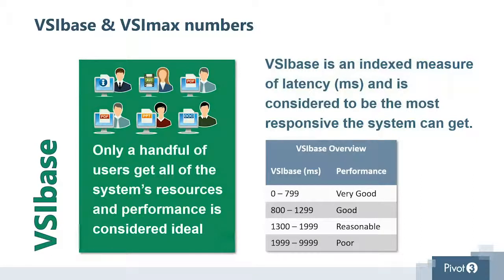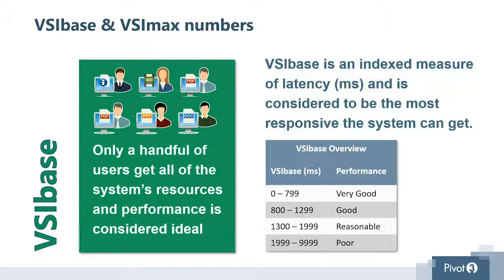With systems like Pivot3's, we're looking for a VSI base that's good or very good. In the testing that we did with Pivot3, we're pretty much very good, right at that line between very good and good. I consider this system definitely a high performer, and being able to optimize the images and have good hardware to run that on and get scores that low are definitely good things, and something Keith will review with you later.